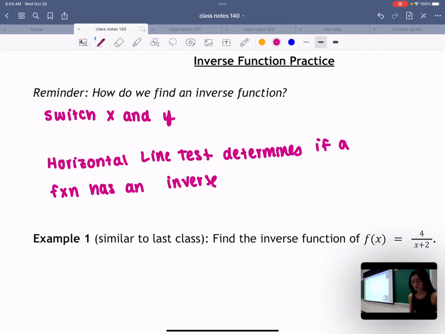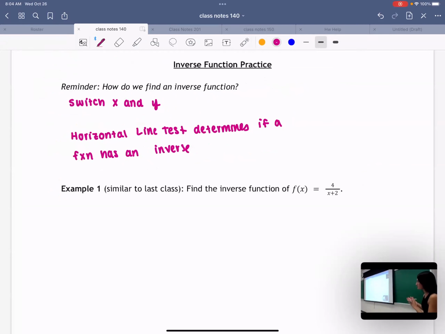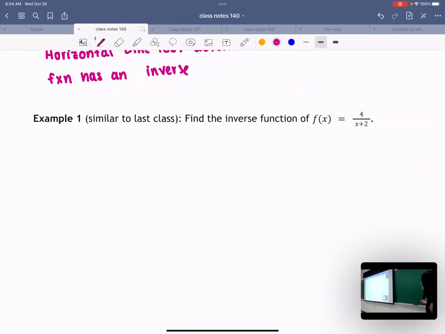Cool. I want to do one example very similar to last class, just so we're on the same page with how we do inverse functions when there's a denominator, because I think the algebra was a little bit scary, but I promise it's not too bad. So in this example, we have f of x equals 4 over x plus 2. It's kind of hard to switch x and y's when there isn't a y. So maybe I should write y instead of f of x, right?